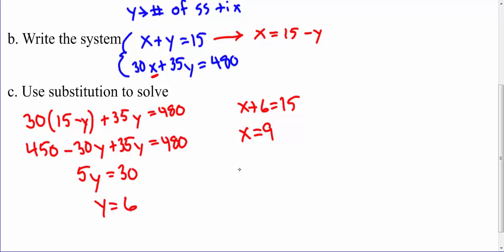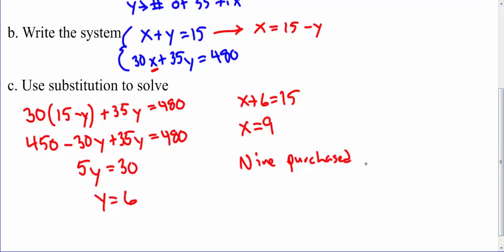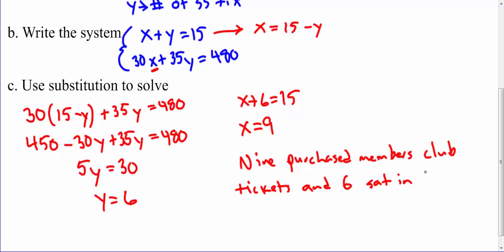Well, it means 9 purchased, and we set up above that x represented members club tickets, and the other 6 sat in the South stand. So all 15 got to go, but they had to split the group.